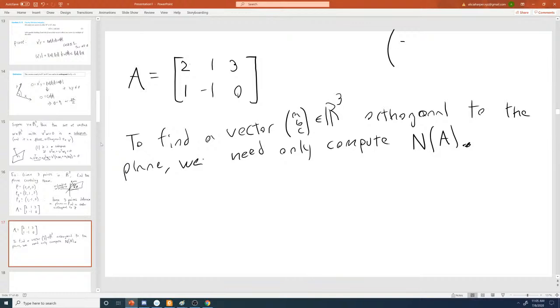Well, it's going to be orthogonal to the vector 2, 1, 3 and the vector 1, negative 1, 0.